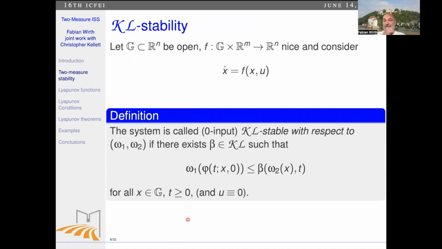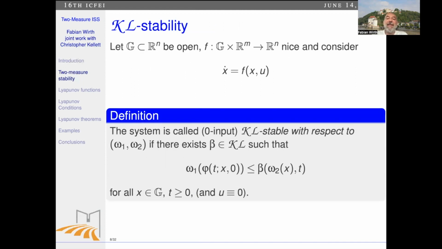Okay. And we have our system, that I described earlier. Nothing has changed with the system. x dot is equal to f(x,u). For the moment, I'll ignore u and we'll just look at the case of 0 inputs and define what it means if I'm given two measurement functions. What does it mean that the system is KL stable with respect to the two measurement functions omega-1 and omega-2?